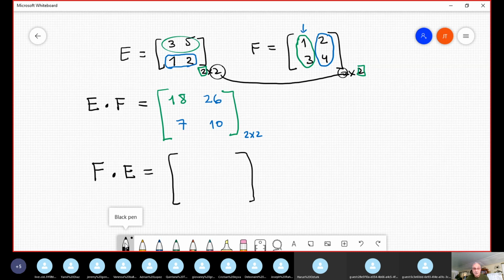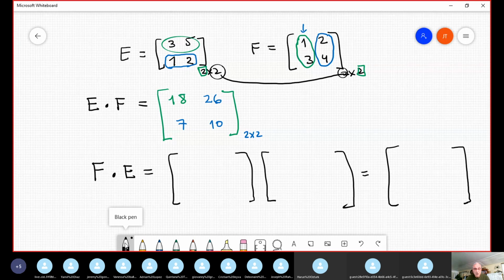You copy F first. The dimensions match perfectly because 2 by 2 is a square. I copy F first, 1, 2, 3, 4. This is F. And E in the second place, 3, 5, 1, 2.